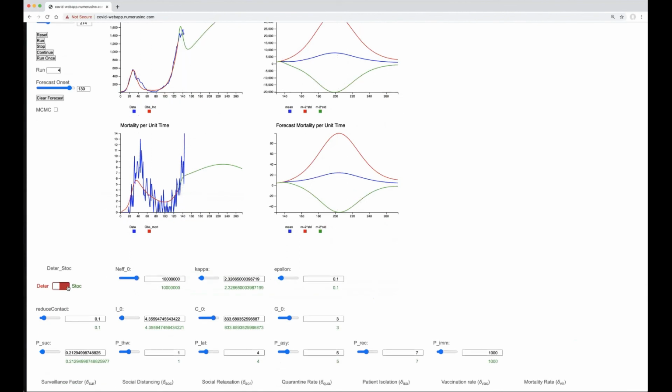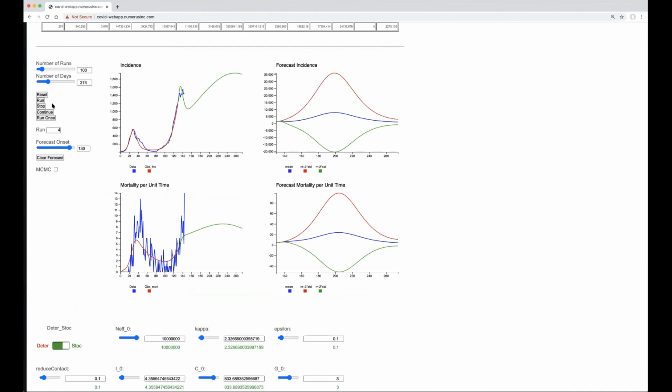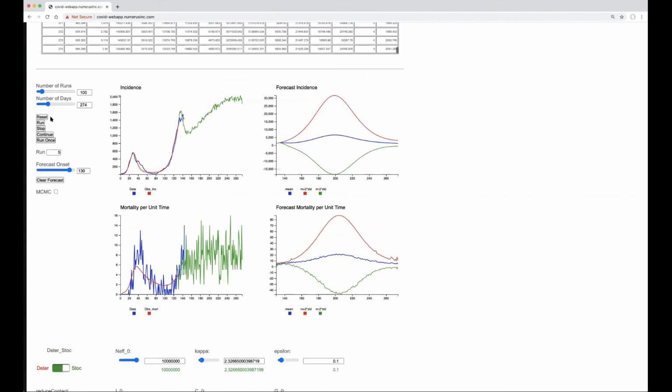So we might want to do a stochastic run. A stochastic run means that we're including demographic stochastic processes. Demographic stochastic processes recognize that events happen with a certain probability rather than a determined proportion. And so some variation is now included in those runs.